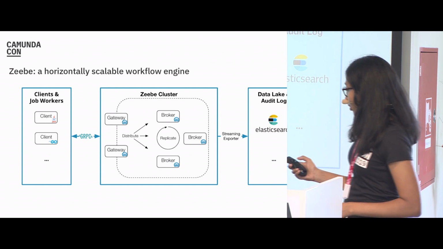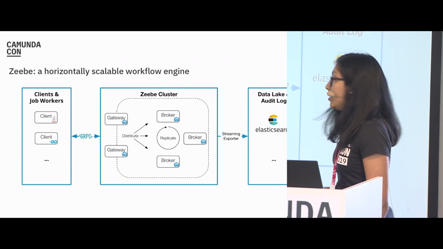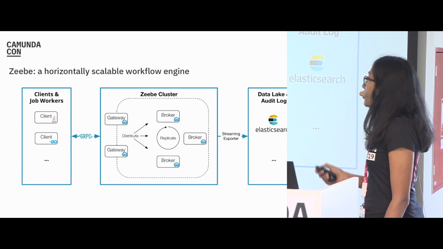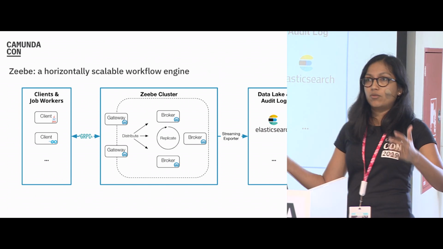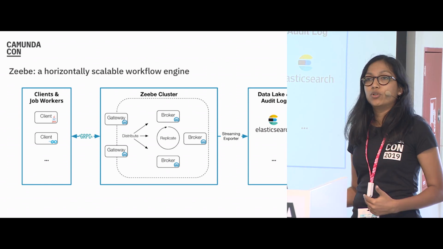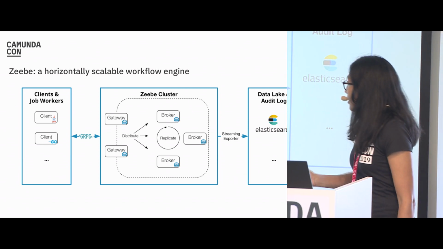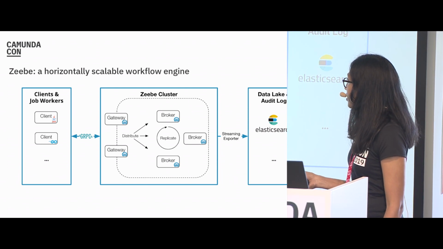So the core of Zeebe is the Zeebe cluster. It can consist of one or more brokers. The broker is the one that is actually doing the workflow processing. And there's also the gateway.